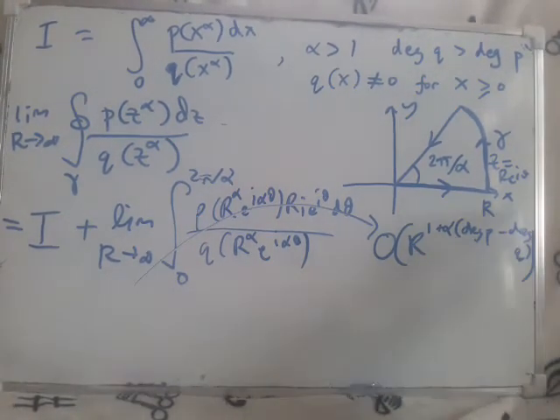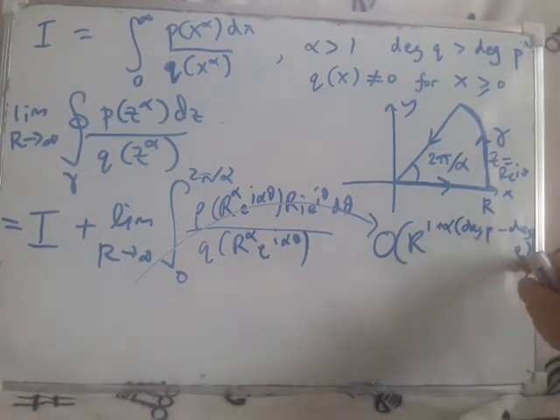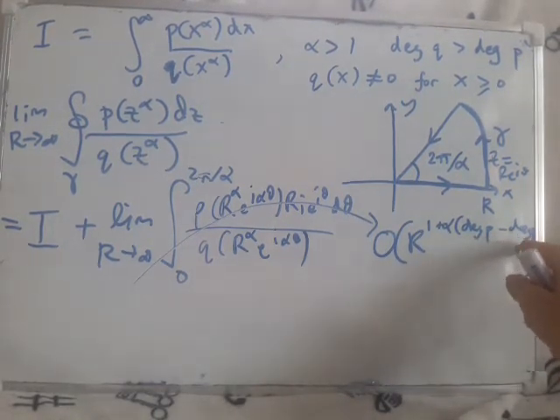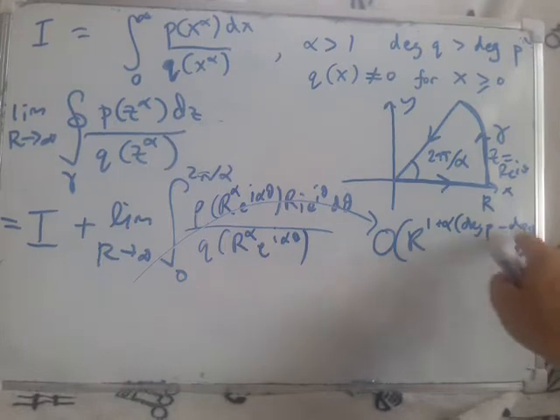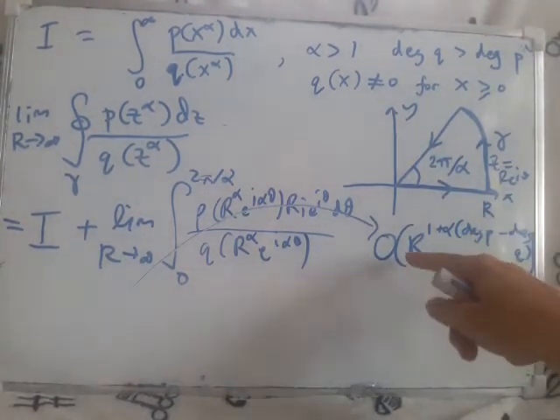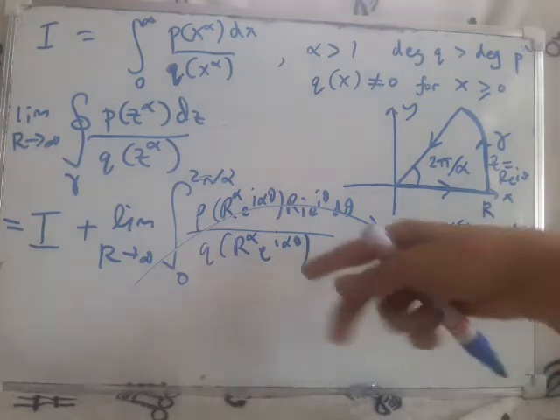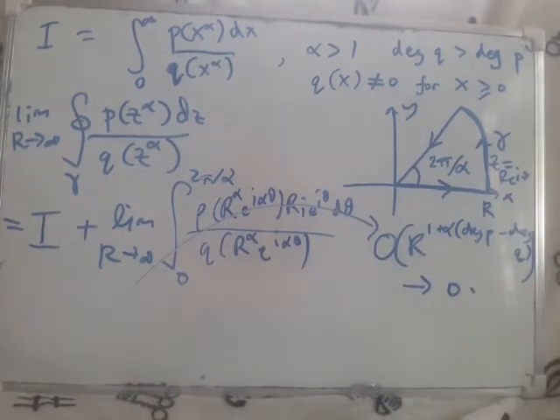So overall, even if the degree of p minus the degree of q is just minus 1, because alpha is greater than 1, this is going to be negative overall, as long as this is satisfied. So therefore, this is going to be r to some negative power, which will go to 0 as r goes to infinity. So this will tend to 0, and we're fine.